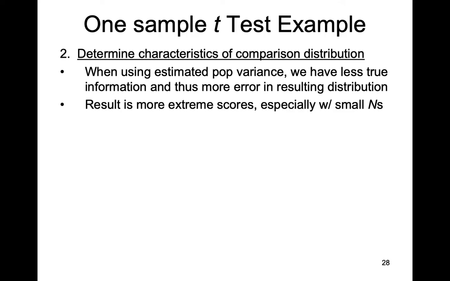Specifically, what happens is that we'll get more extreme scores, that is, more means that are either very high or very low, and that will be especially true when we have small sample sizes. So when we base a random sampling process on a small number of people.